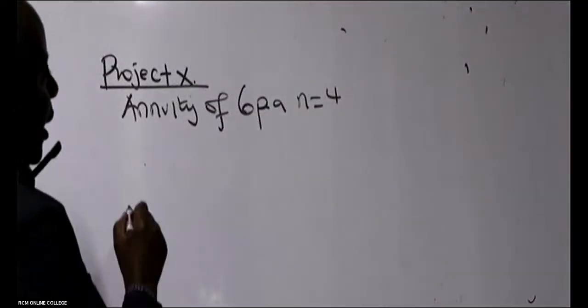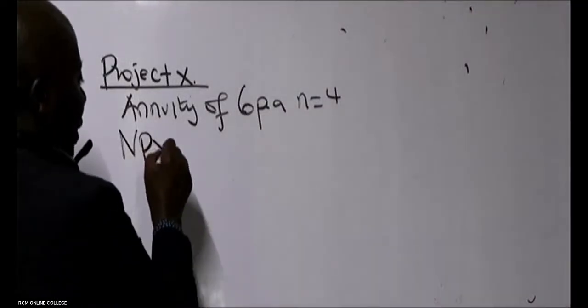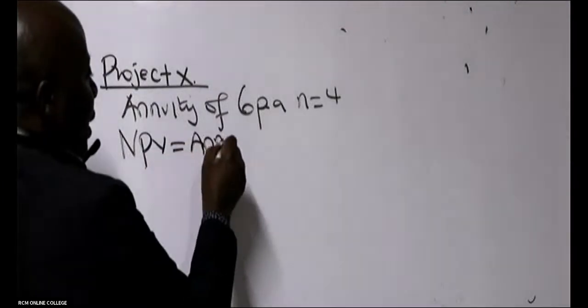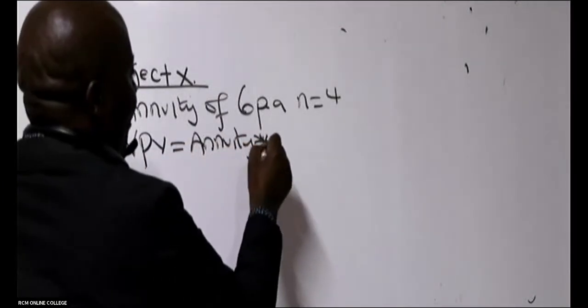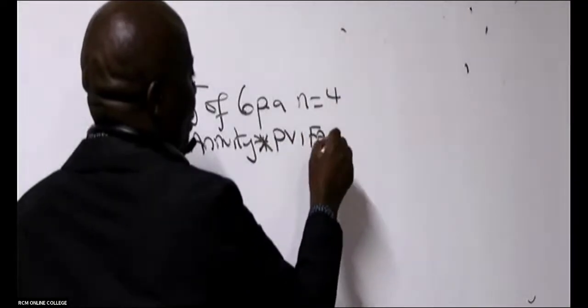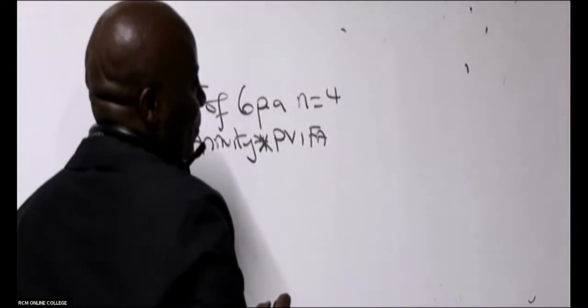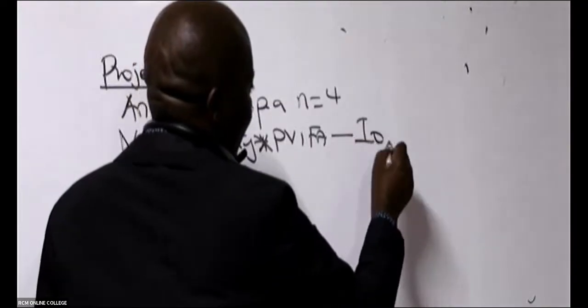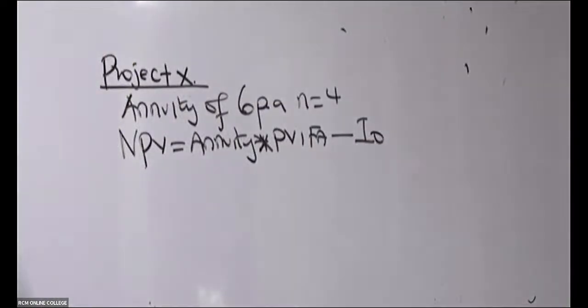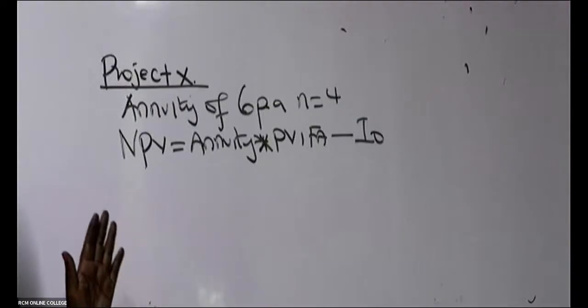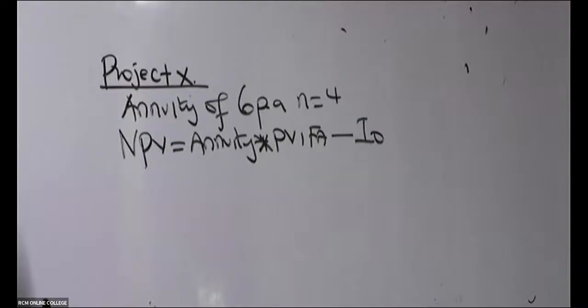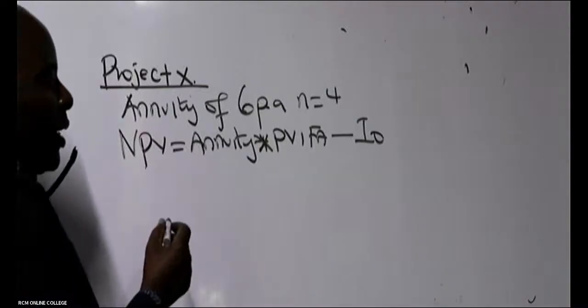So in this case, I can straight away get net present value by taking the annuity times PVFA, the present value interest factor of an annuity, and then I subtract the initial outlay. So NPV will be annuity times PVFA, because 6 is an annuity figure, minus initial outlay. So let's compute this PVFA.